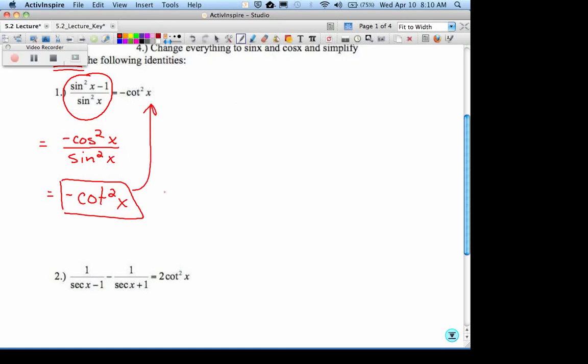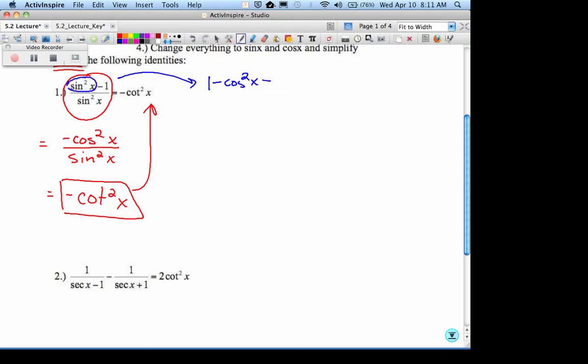I'm going to do this one time on the screen for you guys. We're going to do it a different way. Maybe you forgot the negative cosine squared rule that we did yesterday. So you guys might look at sine squared and go, oh, sine squared, I can write that as 1 minus cosine squared. So this sine squared is 1 minus cosine squared.